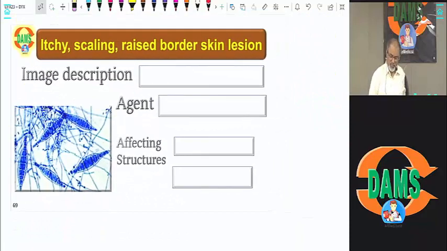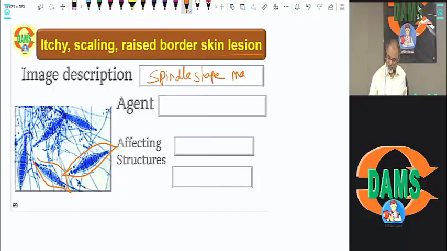Itchy, scaling skin lesion with raised borders. What about the structure? Spindle-shaped macroconidia. Listen to me. Agent: Microsporum.